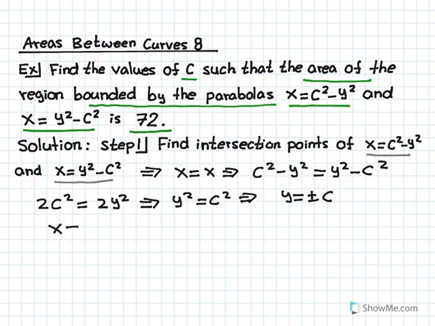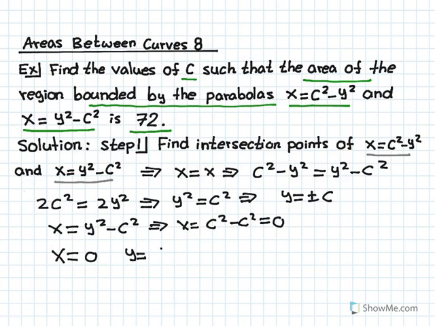Solve for x, we can put it into either equation, it's all the same. x is y squared minus c squared, and we get x is equal to c squared minus c squared equals 0. It doesn't matter whether you put a plus or minus because it's getting squared and becomes positive. So the intersection points are x equals 0, y equals c, and x equals 0, y equals minus c.